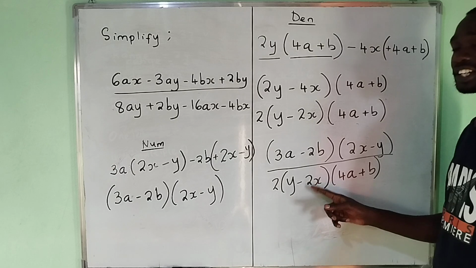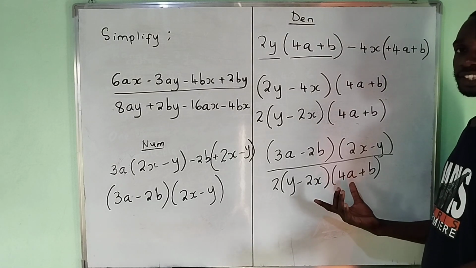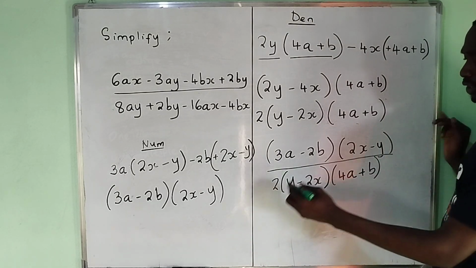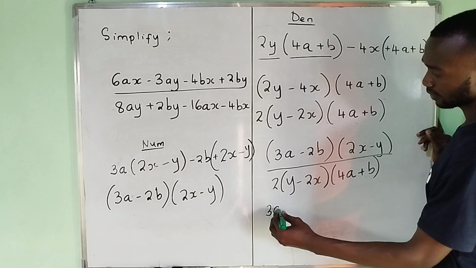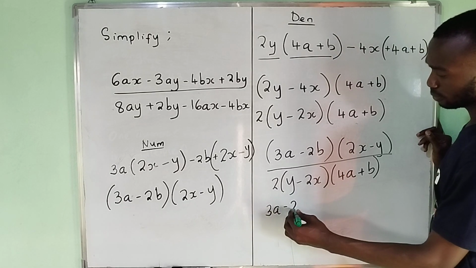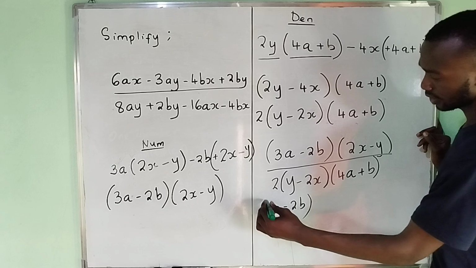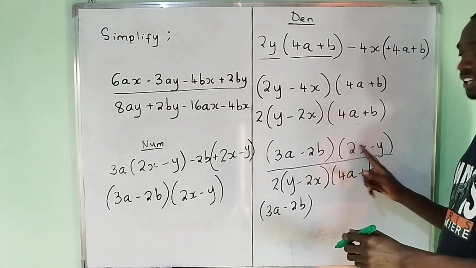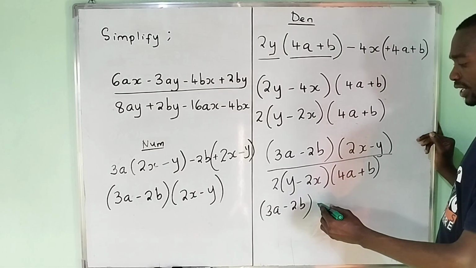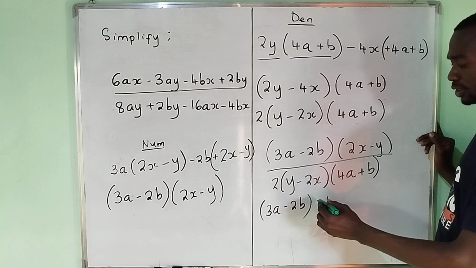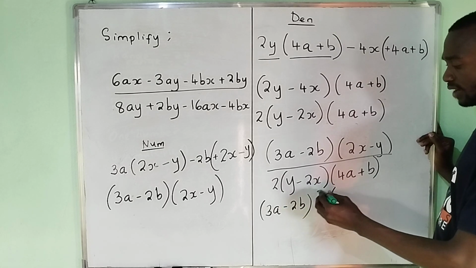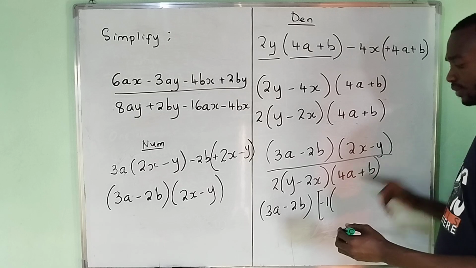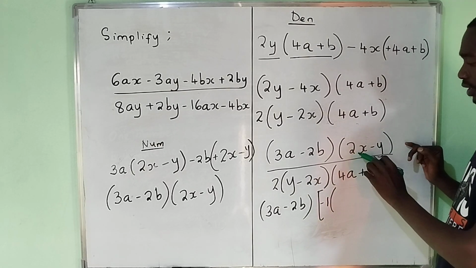So you can introduce a negative in either the numerator or the denominator. So we can have this to be 3a minus 2b. Then introduce the negative outside, negative 1. You multiply by negative 1. So I have the second bracket, negative 1, multiplied by this one.